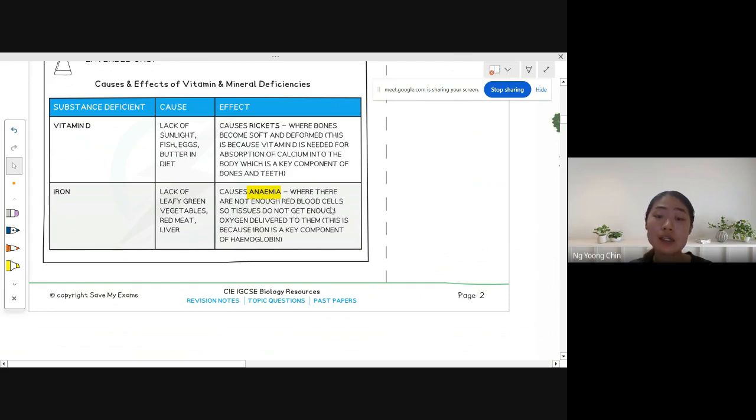That means your tissue is unable to get enough oxygen delivered to your body cells, because blood is a transport medium that helps to deliver oxygen to target body cells.